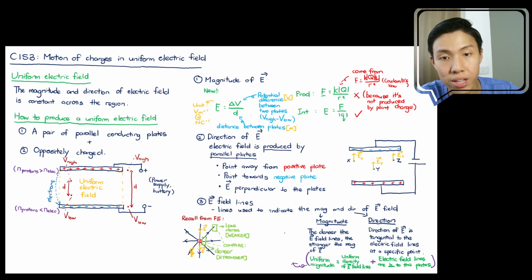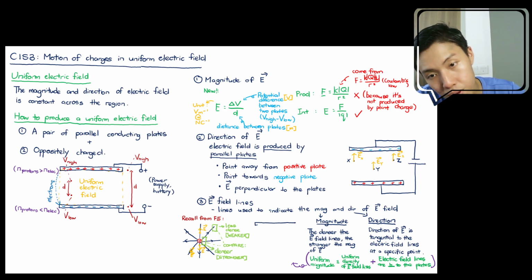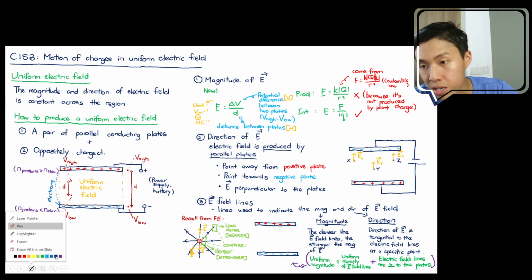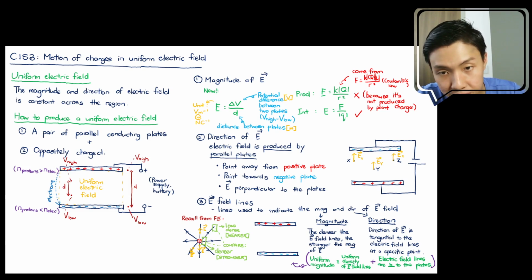My electric field lines for a uniform electric field, let's say if up there is positive plate, if down there is negative plate, then my electric field lines should look something like this.